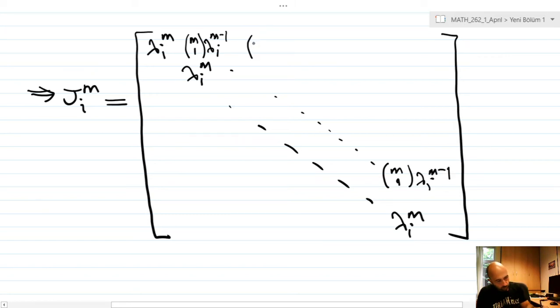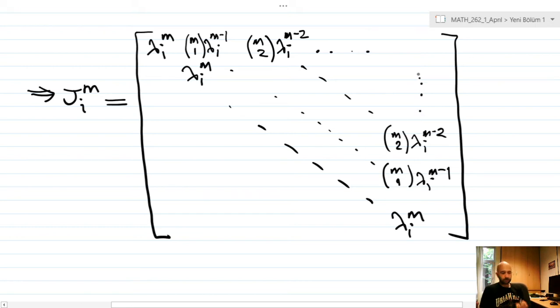Then M choose 2, lambda_I to the M minus 2. I guess the pattern is clear.